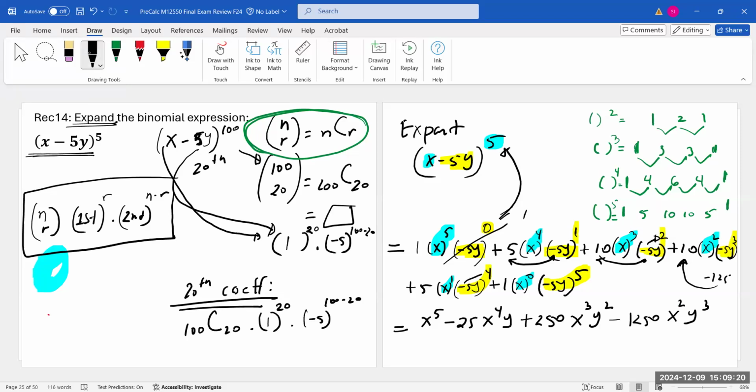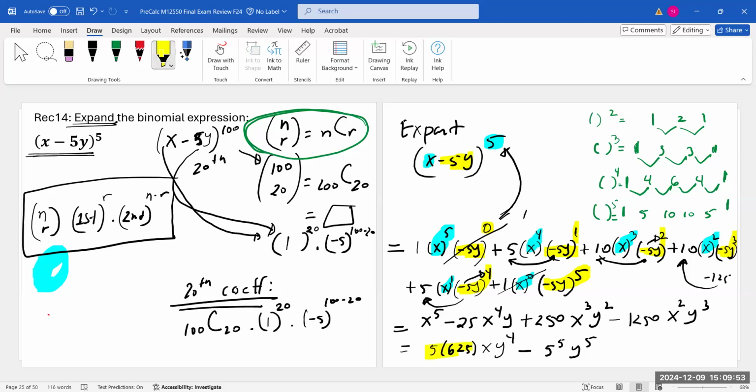Now in the next one, we have negative 5 to the 4th, which is 625. 625 times 5, I have no idea. So 5 times 625 x y to the 4. And now x to the 0 means it cancels out to 1. And you're left with negative 5 to the 5, whatever that is, y to the 5.